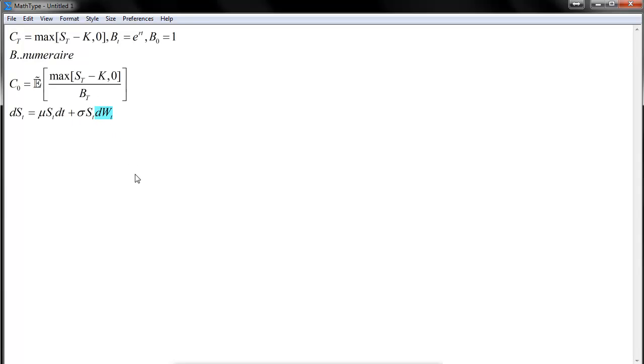Okay, so this item is random. It actually causes the fluctuation in the stock price. An important point about this stochastic increment is that it's normally distributed with zero mean and variance dt. Okay, this is really extremely important. Well, this is the real world dynamics.